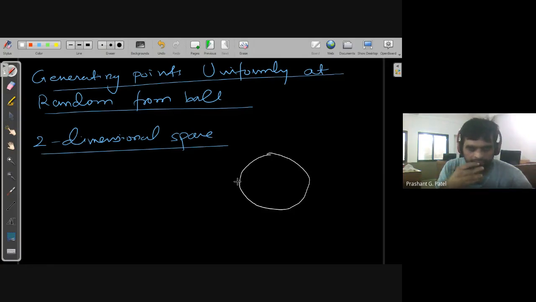How to generate? Can somebody tell me? In 2 dimensions, we have to generate random points that are uniformly distributed. What to do?